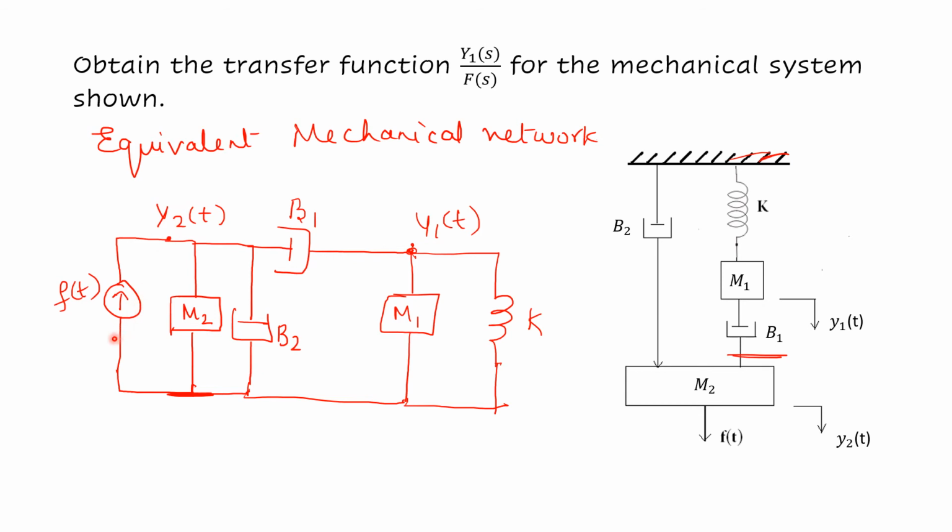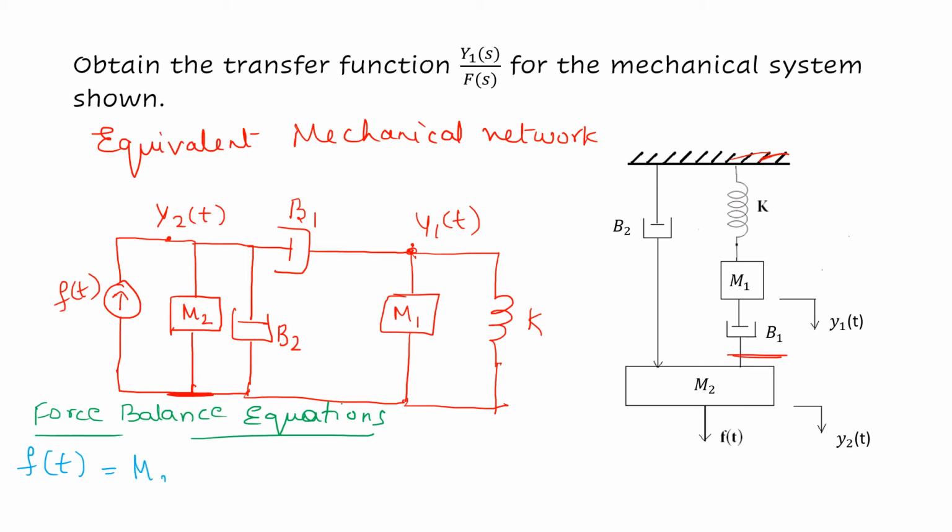The force balance equation considering node y2: the applied force F(t) is equal to the opposing force, which is due to the mass of the body, the damper B2 as well as B1.